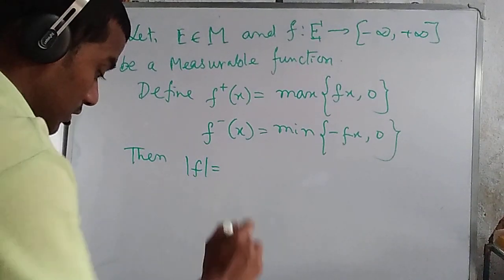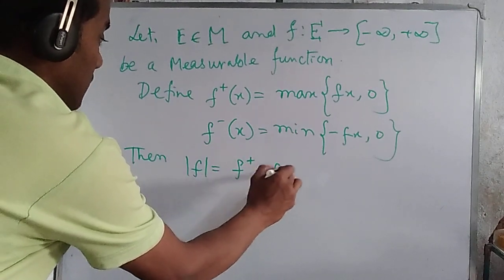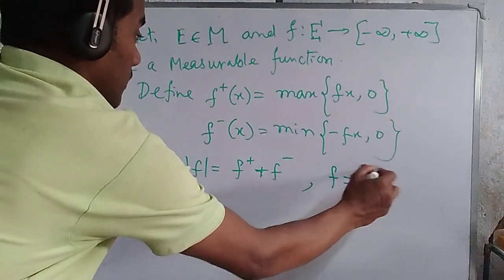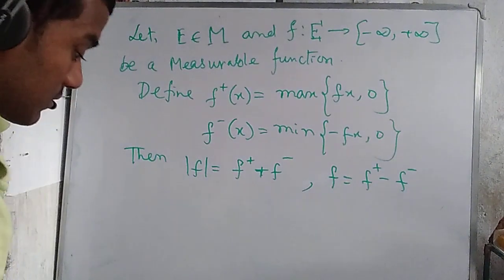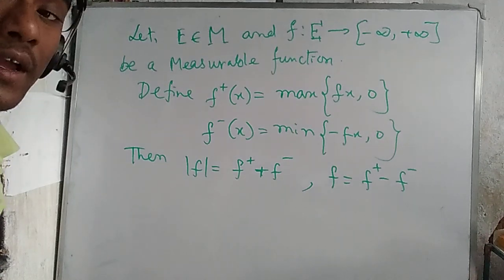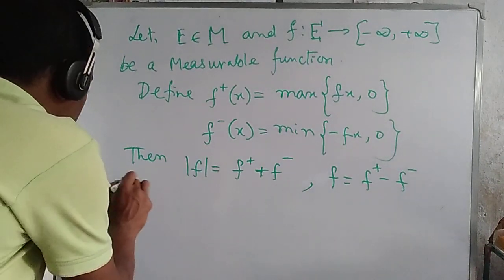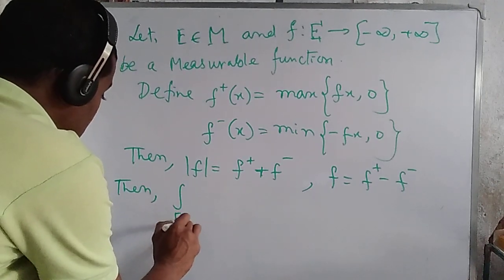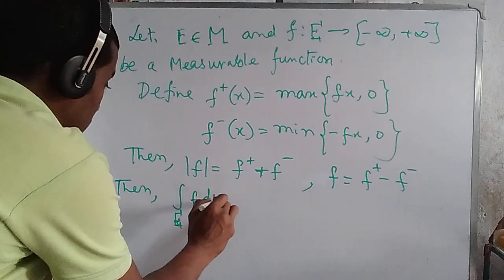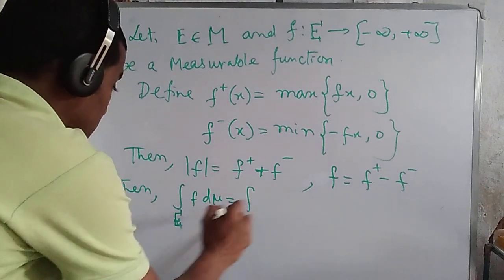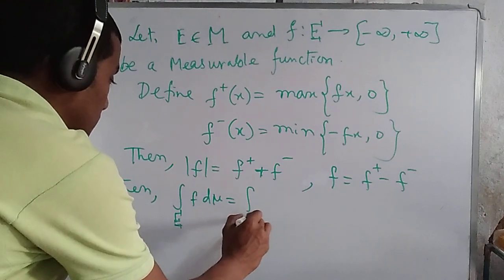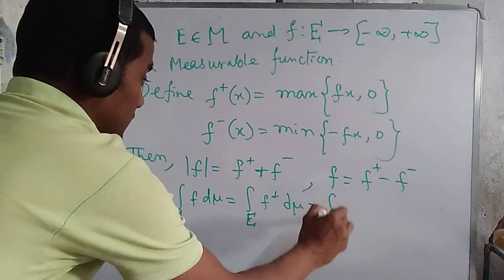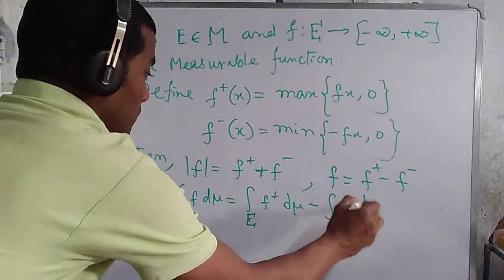Then mod f equals f plus plus f minus, and f equals f plus minus f minus. Then integration over E of f d mu equals integration over E of f plus d mu minus integration over E of f minus d mu.